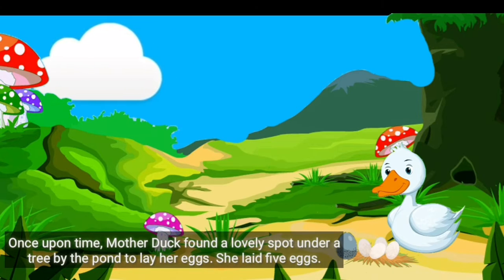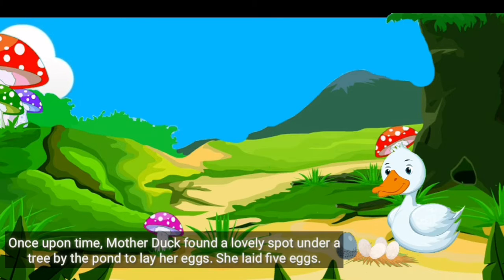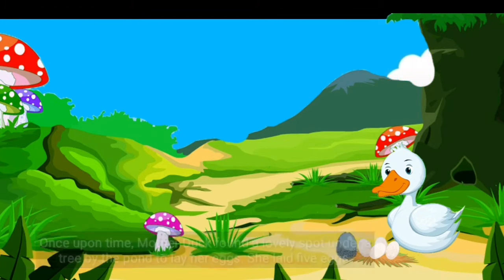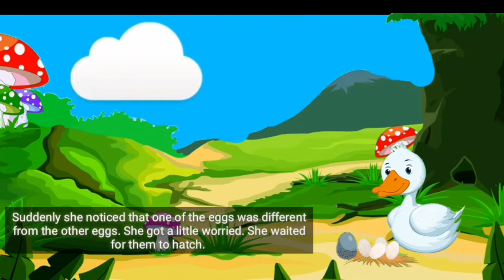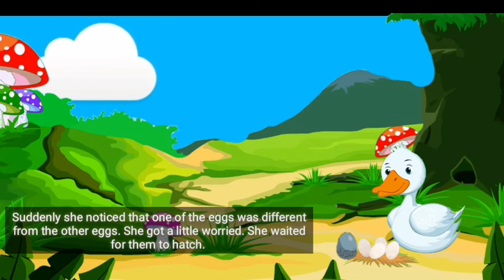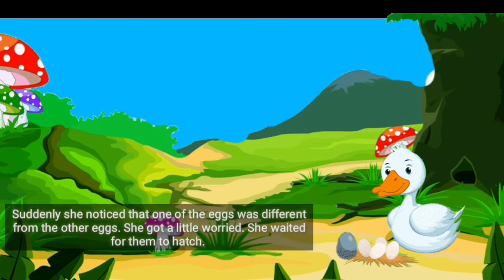Once upon a time, Mother Duck found a lovely spot under a tree by the pond to lay her eggs. She laid 5 eggs. Suddenly, she noticed that one of the eggs was different from the other eggs. She got a little worried. She waited for them to hatch.